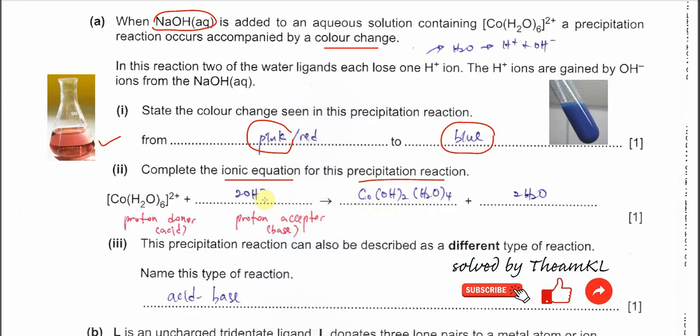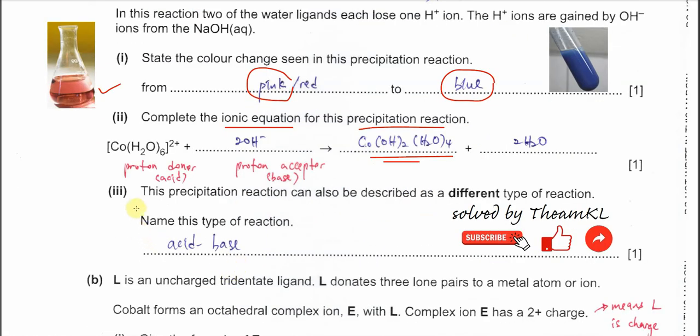The hydroxide will gain 2 hydrogen ions from this complex ion to form H2O. This is the reaction that we normally call precipitation, because it forms a precipitate.